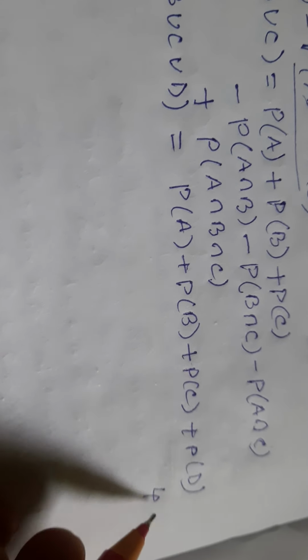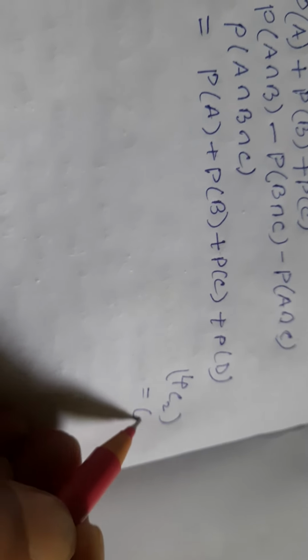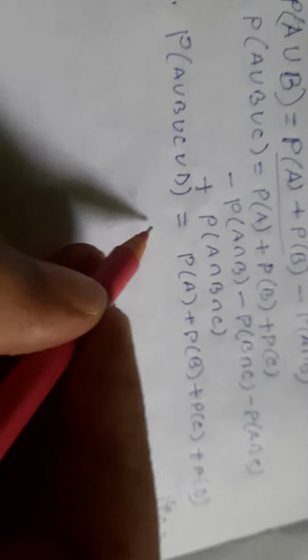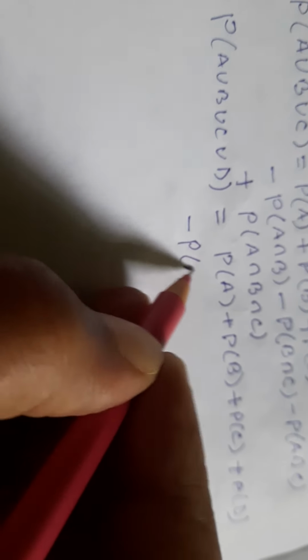Here there are four events, so there will be 4C2 terms like that. So 4C2 means 6 terms, taking two events at a time. I write for your convenience: probability of A intersection B minus probability of A intersection C minus dot dot dot. We will subtract in this step.